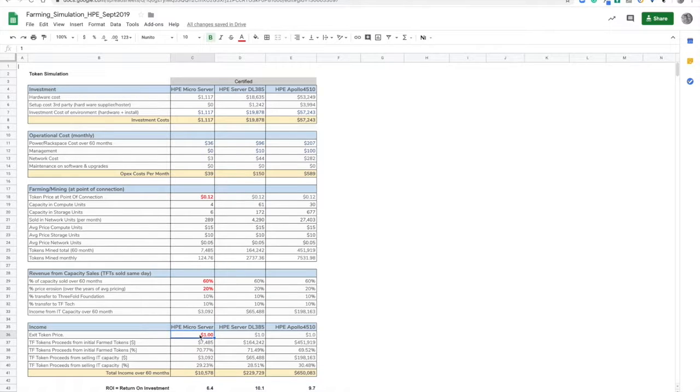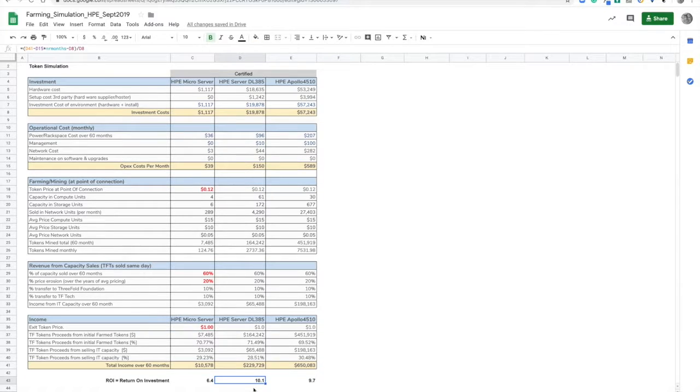We say after 5 years that you have a $1 exit token price. Then you can see that the 164,000 tokens that you collected for farming, plus the 65,488 tokens farmed, is $65,488, which is in total $229,000 made. That gets you to, and this is a very exciting bit, an ROI of 10x over 5 years with this as an investment and a monthly cost of this, which I think is really good.